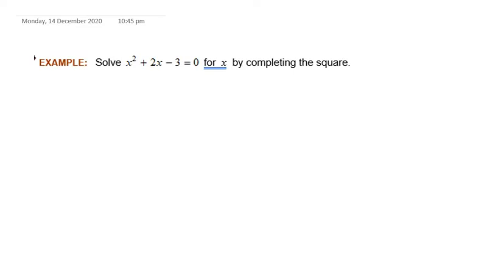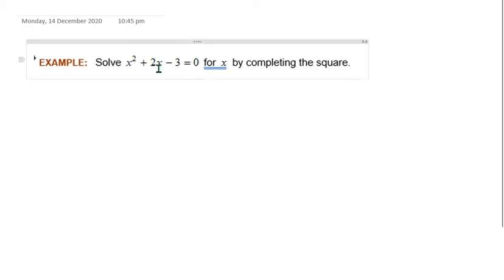Example. Solve x squared plus 2x minus 3 equals 0 for x by completing the square. So first we need to find the square of half of the coefficient of the linear term. The linear term is 2x.